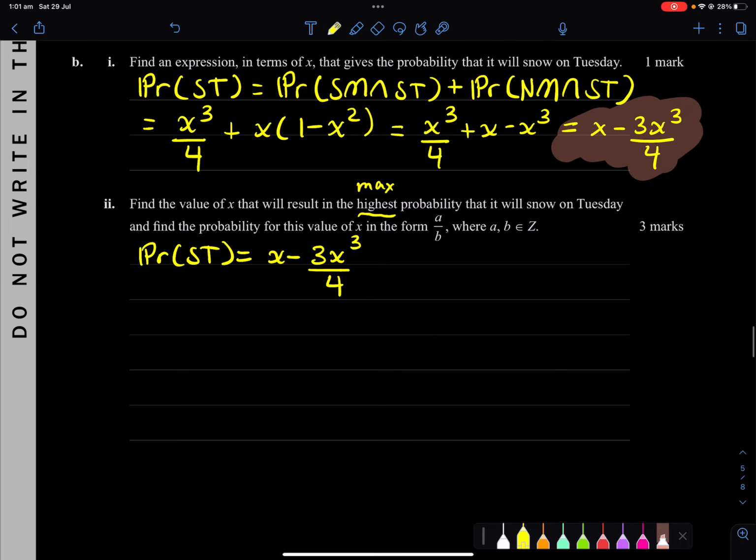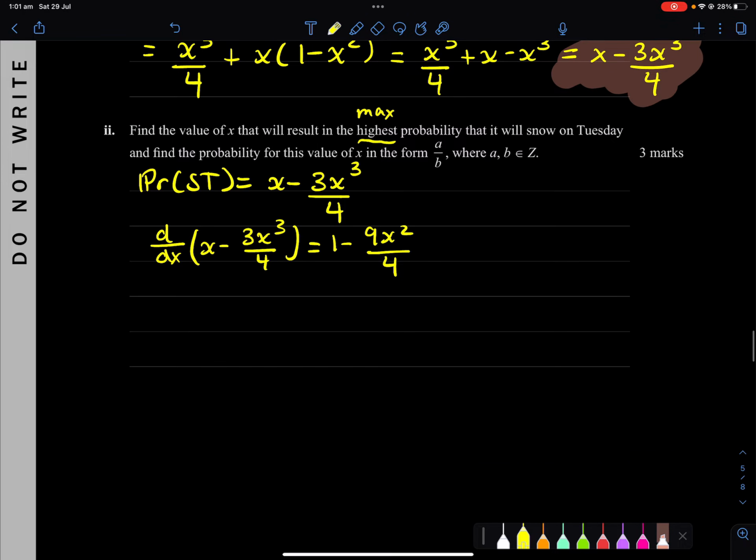So let's find the derivative of that. We want to find d/dx of x minus 3x cubed over 4, which equals 1 minus 9x squared over 4. To find the maximum, we let it equal 0.